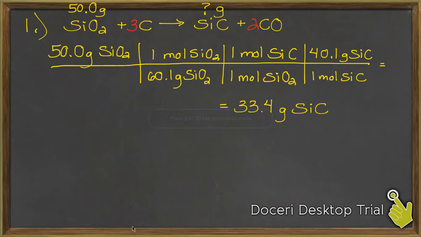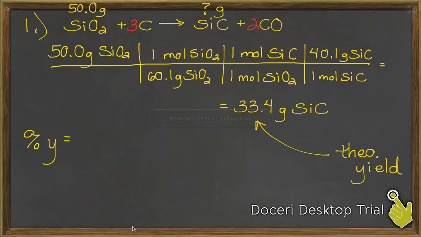Okay, that number that I just found is my theoretical yield. Stoichiometry tells us the maximum amount of product I could possibly get. Okay, and that's 33.4. The problem gave us the actual yield.